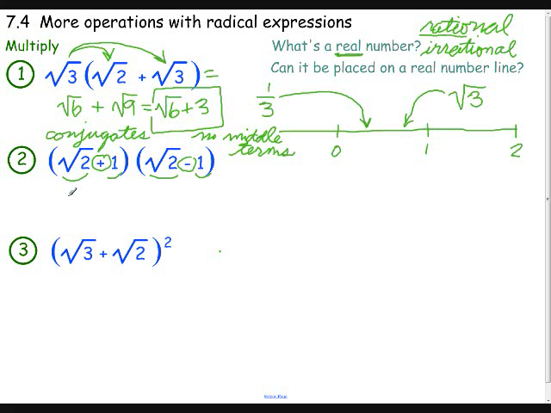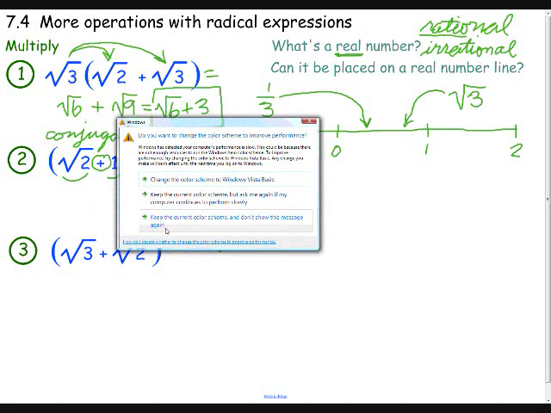When we multiply them together, we do not have to worry about the middle terms. Now you could stop right now, pause this, and go ahead and work this out as FOIL to prove it to yourself. We won't have to worry about middle terms, so what are we going to have to worry about? We're going to multiply the square root of 2 times the square root of 2.